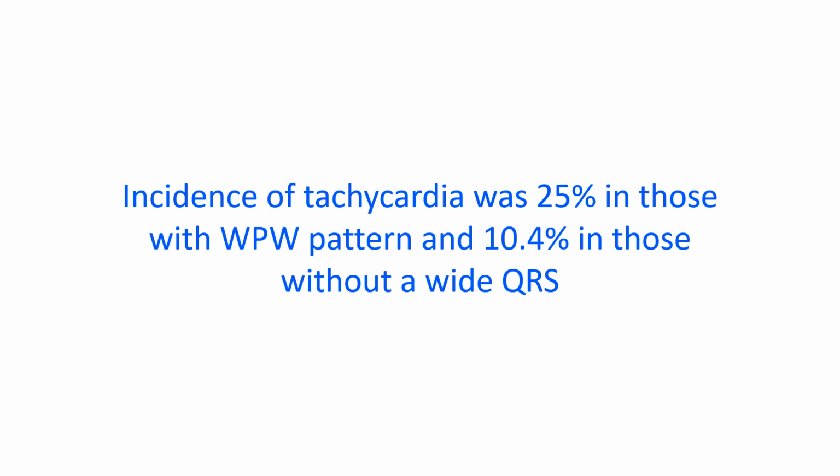They noted that those with short PR interval, normal QRS and paroxysmal tachycardia, LGL syndrome, were predominantly females. The tachycardia in half of them started in the 4th decade of life.